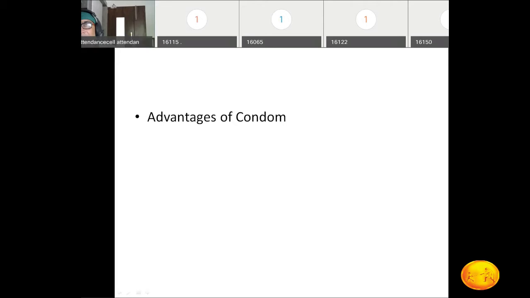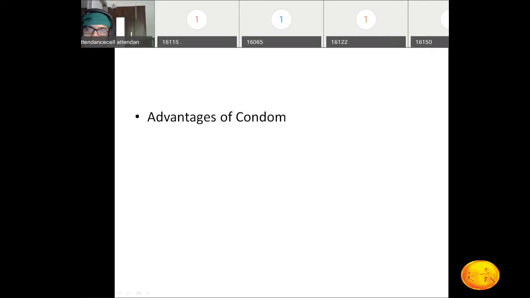Likewise, Nirodh doesn't need any assistance. What is the other advantage of condom? One you say cheaper, another is easy to use, needs no assistance. Something else? Yes, STD prevention. Prevents STD. That is very correct.